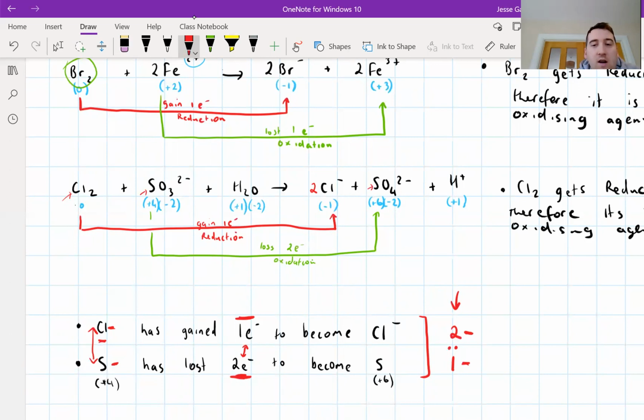The oxygens, there are 4 oxygens on the right here. Here's the 4 of them, and there is 1 and 3 oxygens on the left. So that's 4 on the right, 4 on the left. That's good so far. And then we have 2 hydrogens, sorry, we have 2 hydrogens on the left here, and we've only got 1 on the right, just here.